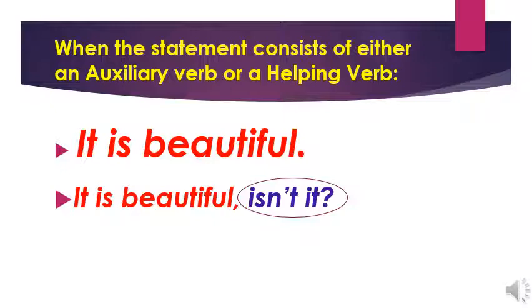Even if the name of a particular thing, animal or person is given, you need to take only the personal pronoun. In this, "it" itself is a personal pronoun. So, I have taken the same word as it is here: isn't it? After that, you need to add a question mark. This complete set becomes the question tag for this given statement.